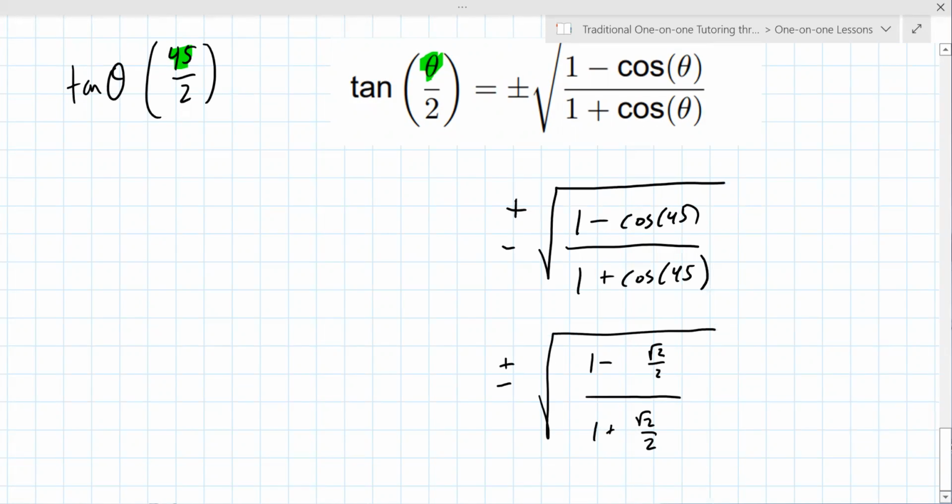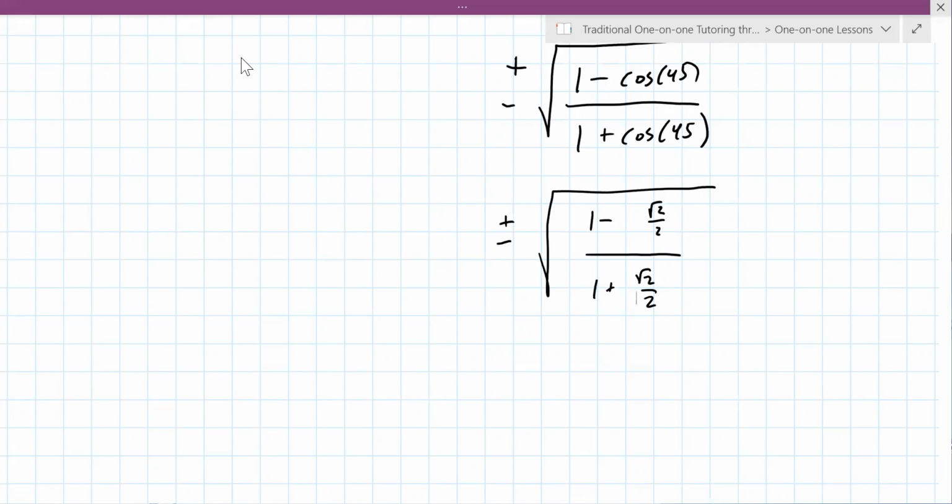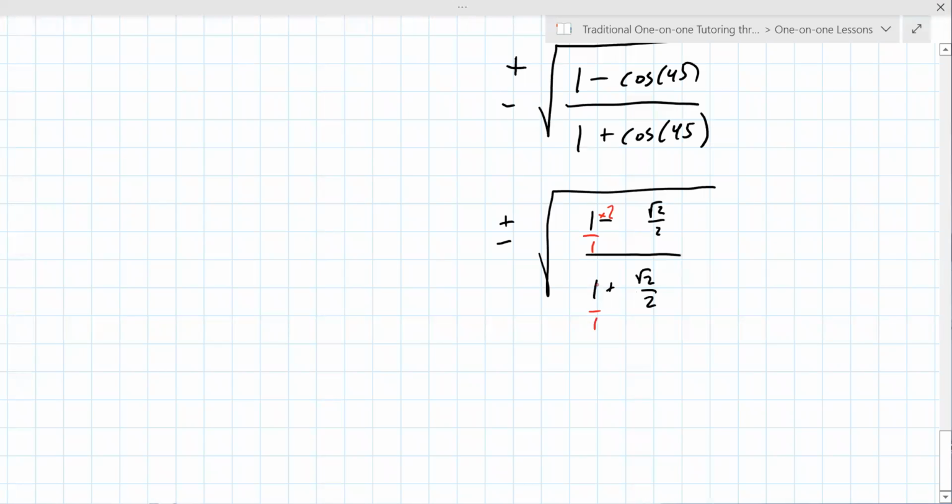Okay, and what this requires of you is you have to work on the top and the bottom to rationalize it. So it's times 2 on both of these, top and bottom.